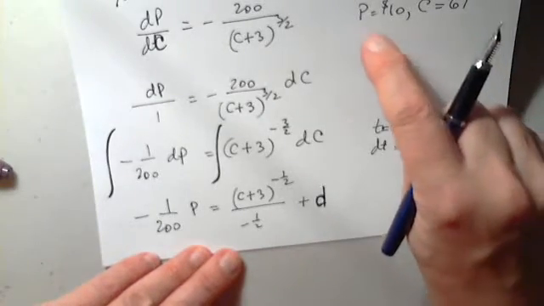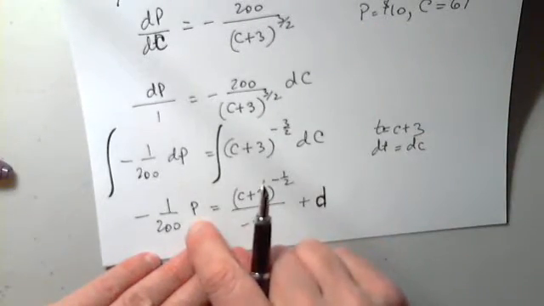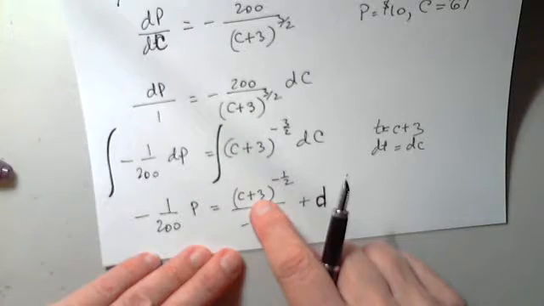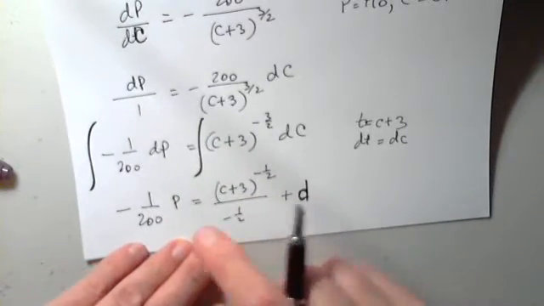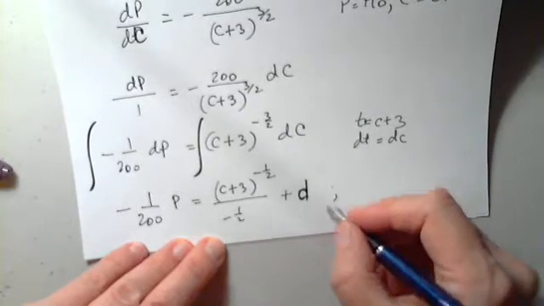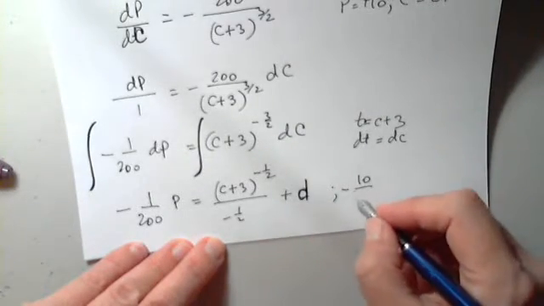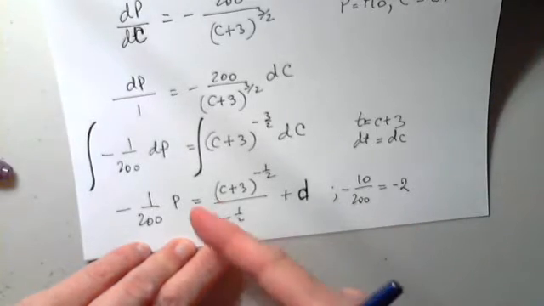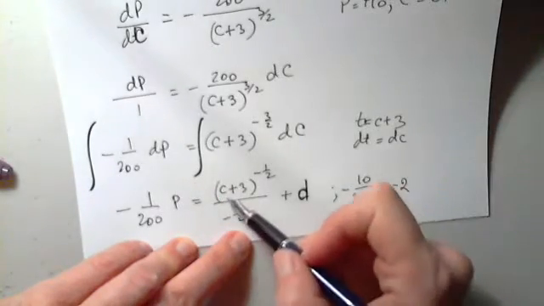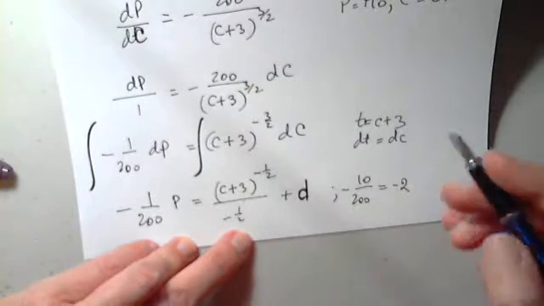Now we are told that P is 10 when C is 61. So I'm going to determine D right this moment. So P is 10, the left-hand side is negative 10 over 200. The right-hand side will be negative 2, I flip this, and C, 61 plus 3 is 64.